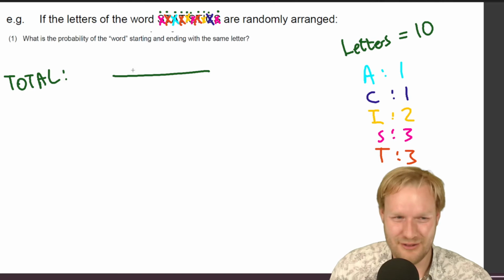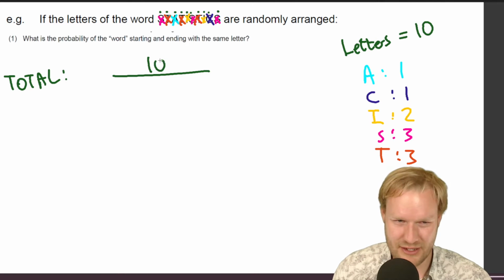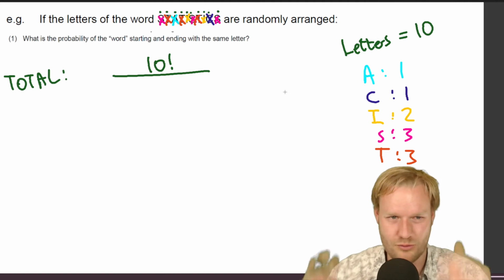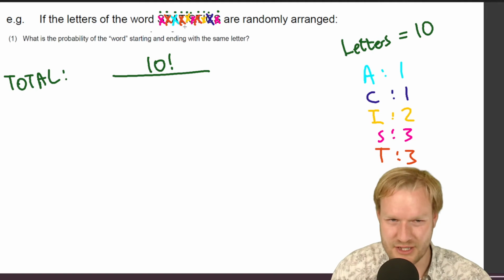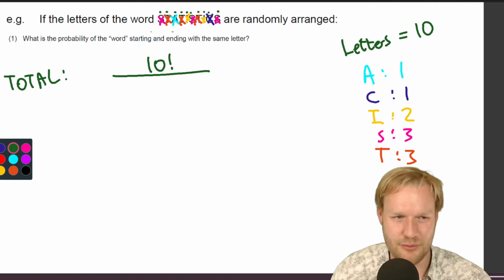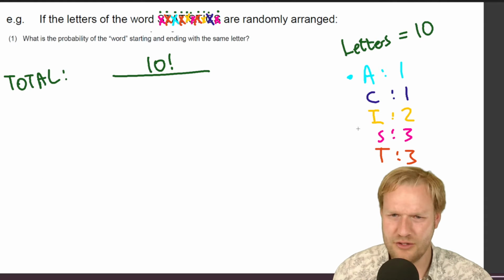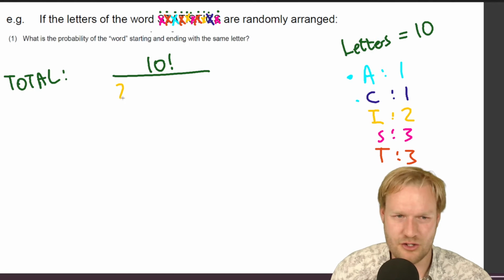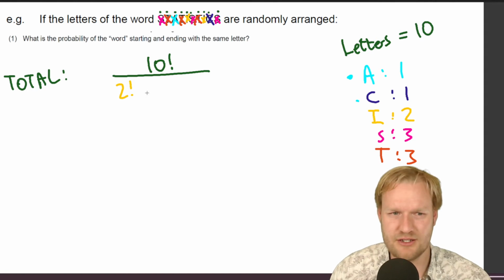Okay, let's work our way through it. There are 10 letters altogether, so there are 10 different positions here. Then we're going to look at the repeated things. I'm going to ignore the ones that don't repeat. There are 2 ways of doing I, so we have 2 factorial.